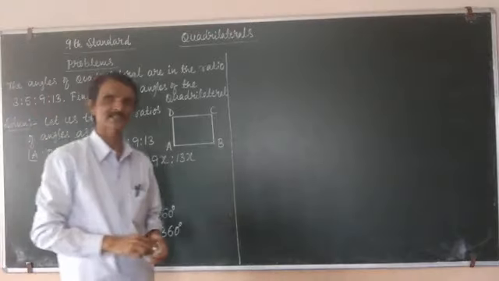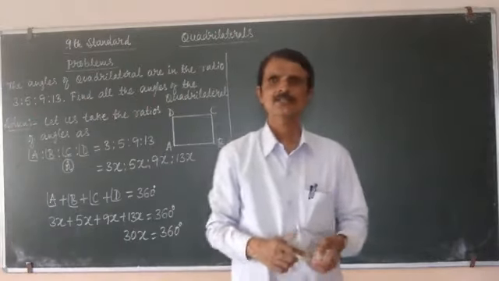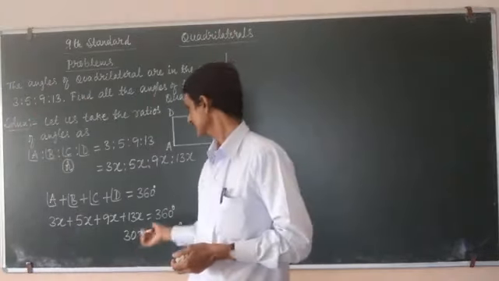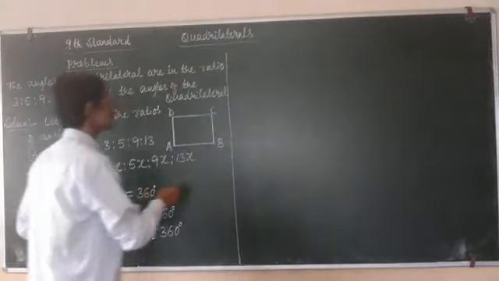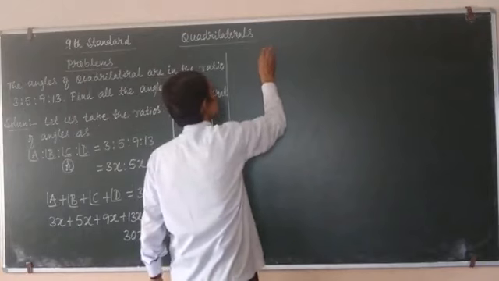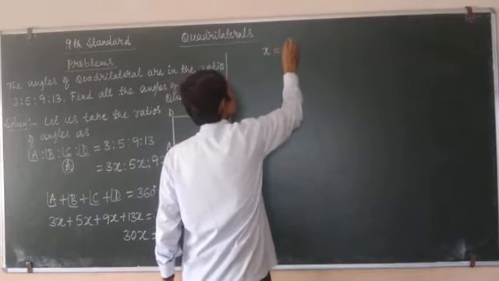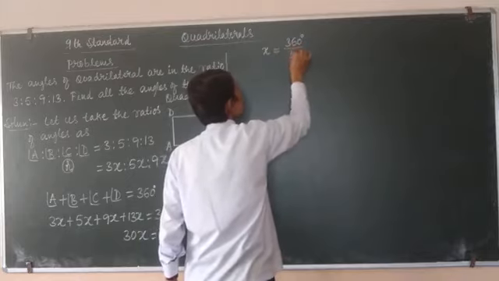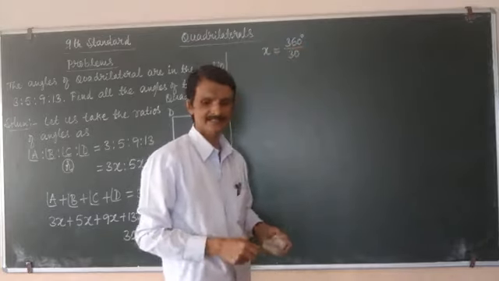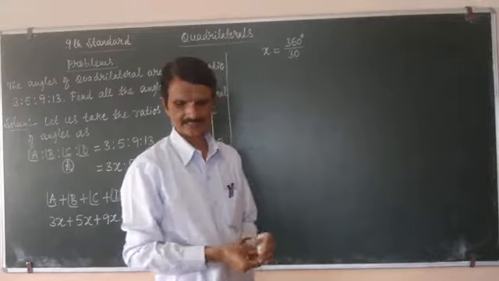Now find the value of x. This becomes x equals 360 degree divided by 30.